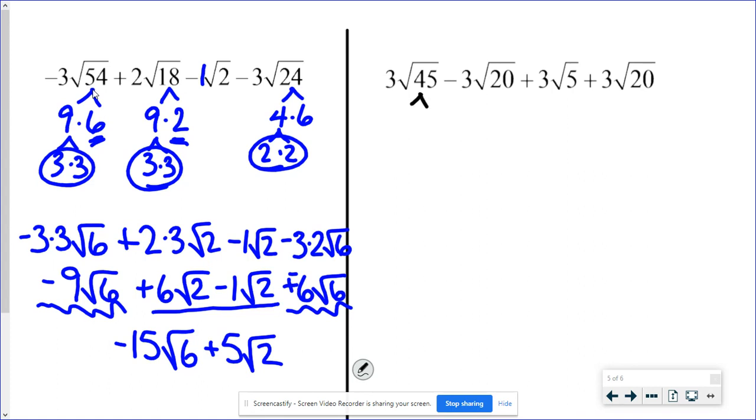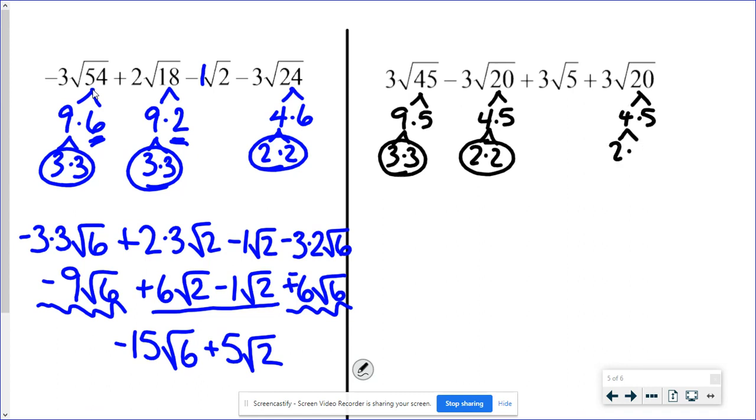And for my last problem, the 45, 9 and 5, there's a pair. The 20, 4 times 5, there's a pair. The rad 5 just stays. The 20, again, 4 times 5, there's my pair. At this point, I'm going to show you, instead of writing everything exactly like I did in the last problem, for myself, I take this 3 times this 3 that breaks out, and I'm okay saying that that's just a 9 rad 5.